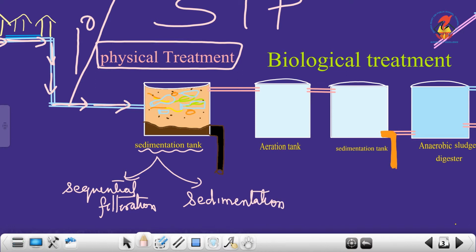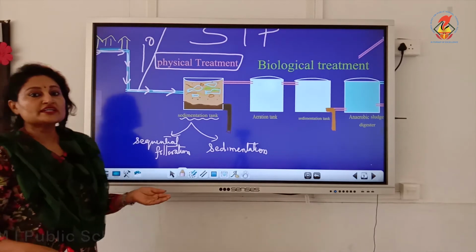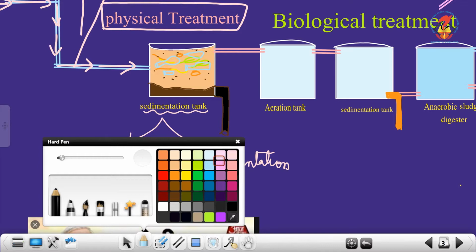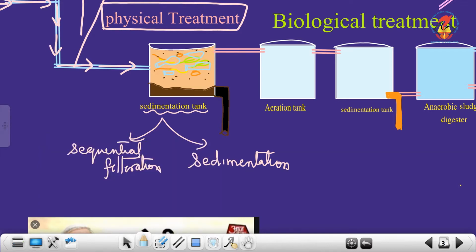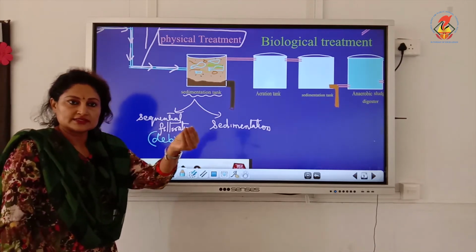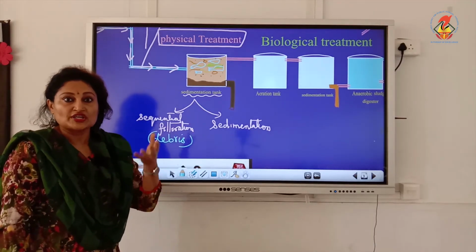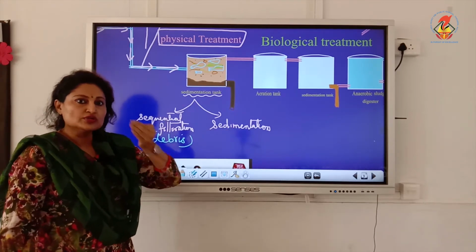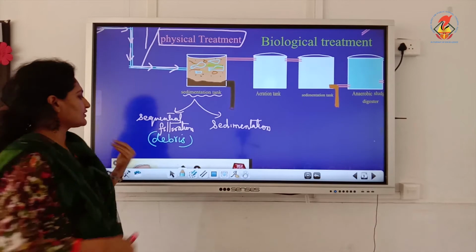In the first step, the floating debris are removed. So in the sequential filtration the floating debris are removed. What are the debris? The debris include plastic bottles, plastic packets, straw, leaves, sticks, etc. All that is floating is removed sequentially by filtration.